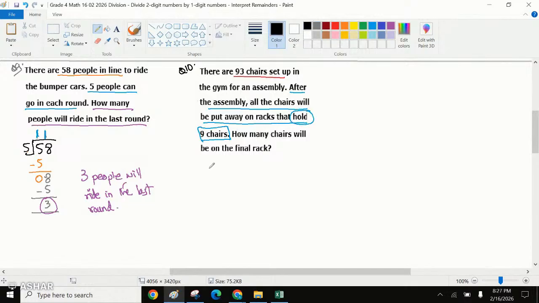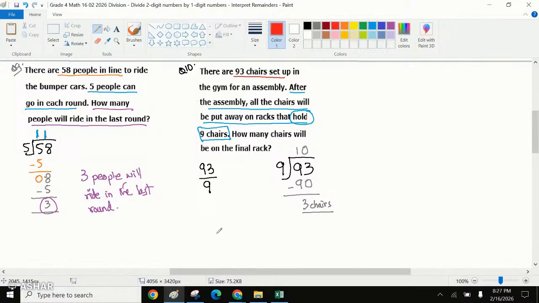So can we say 93 is to be divided by 9? That means, right? So we know that 9 multiplied by 10 is 90, and 3 chairs will be left.